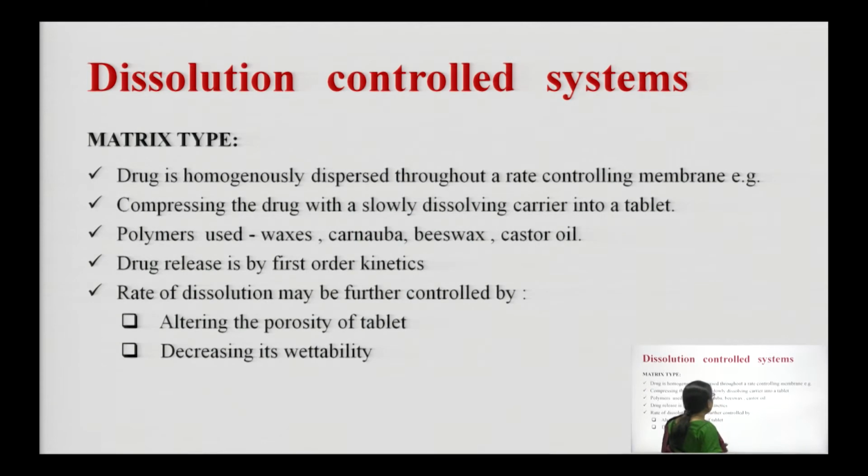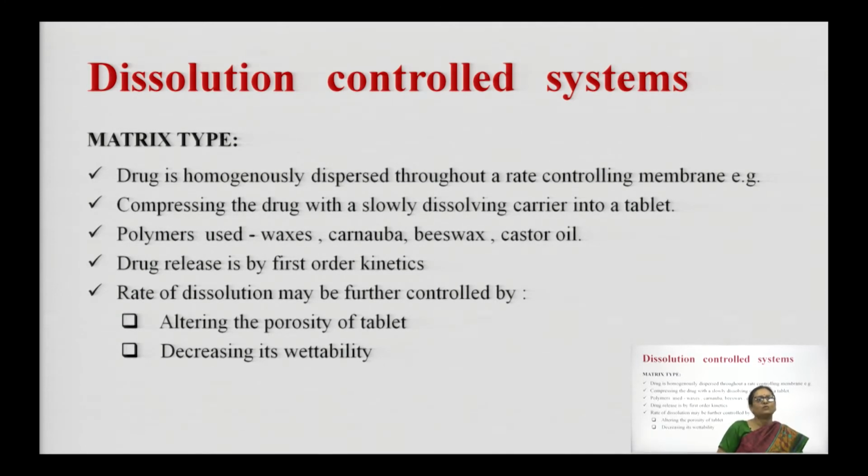So, we can get a system where the drug is uniformly dispersed in a polymeric matrix, such that this polymeric matrix is water repellent or hydrophobic in nature. The water repellent property of this matrix is important, because it will prevent the drug from coming in contact with the dissolution medium and hence dissolving.